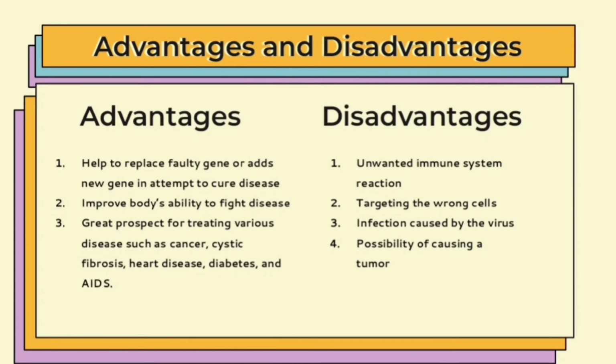Thus, the healthy cells will be damaged, which can result in illness such as cancer. The third thing is infection caused by the virus. It is possible that once introduced into our body, the viruses may recover their original ability to cause disease.